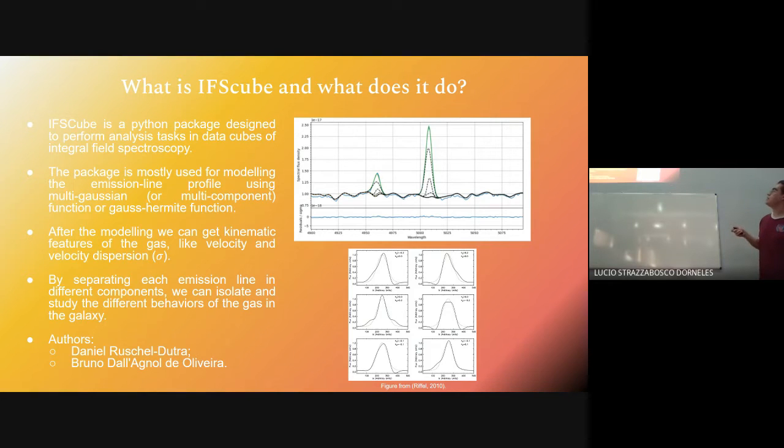Here I am showing how the Gauss-Hermite emission line profile works. There are two major parameters that change the shape of the emission line, H3 and H4.